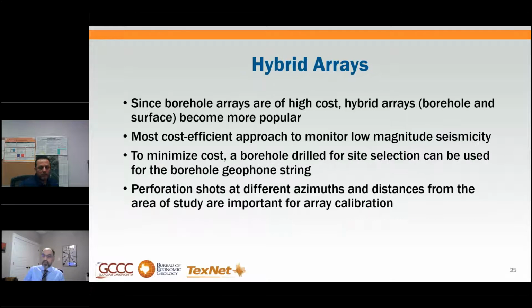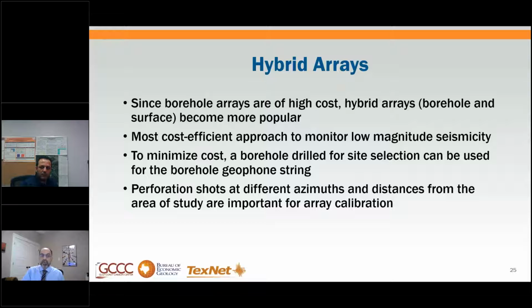please. Now, hybrid arrays are becoming a more cost-efficient solution that people like. It is becoming more popular, and that is to minimize the cost. You can have a few boreholes around the area of interest, and then you have a small array also with sensors on top of the surface.